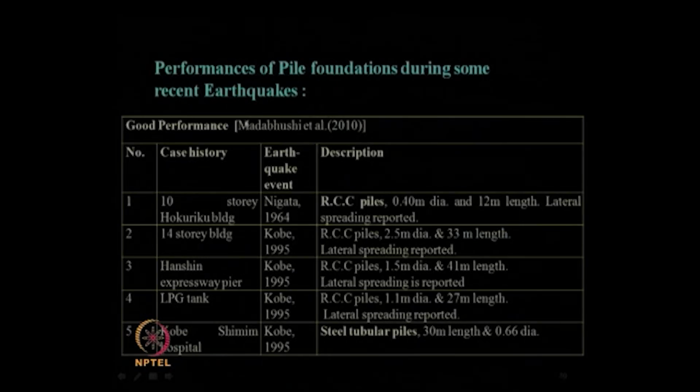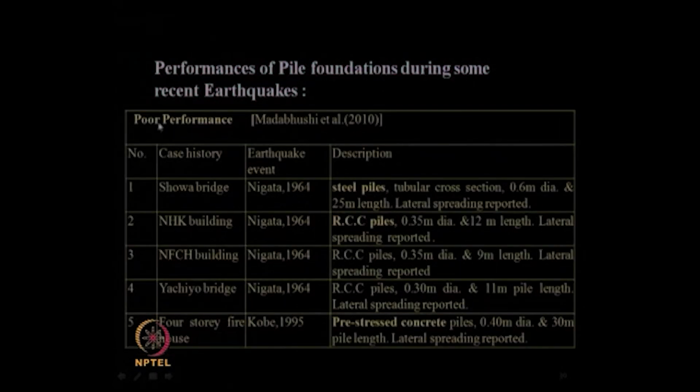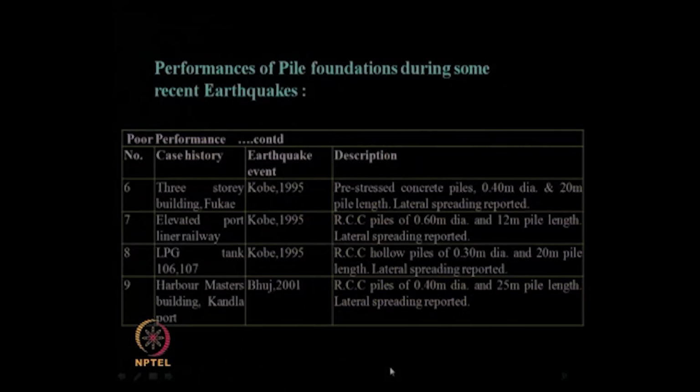So, they have done a study on why those pile foundations performed well and why others could not perform. This is an important paper one can go through, and these are the examples where the pile could not perform well. So, poor performance during the Niigata earthquake and Kobe earthquake for different pile conditions.